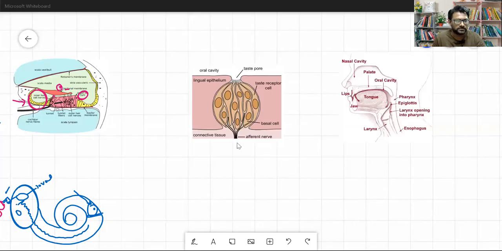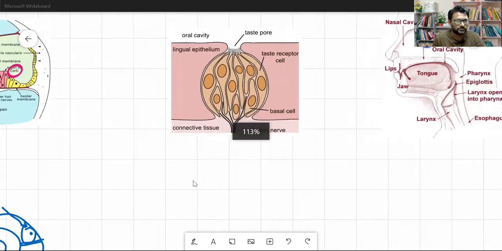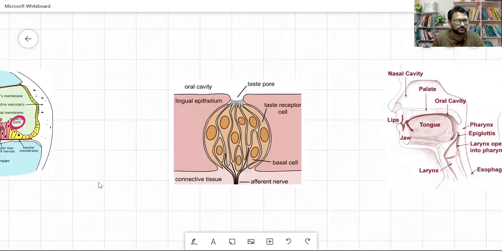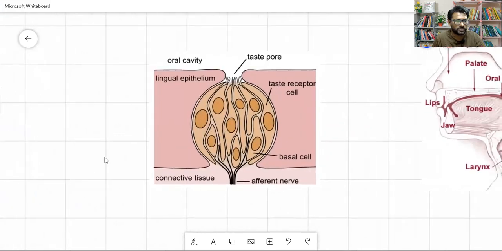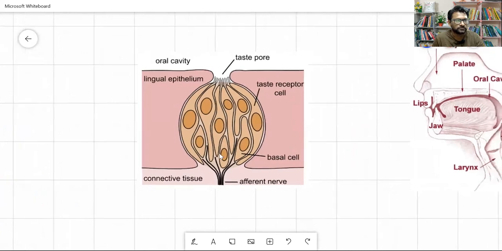So here we can see these are taste buds located in the oral cavity, tongue.